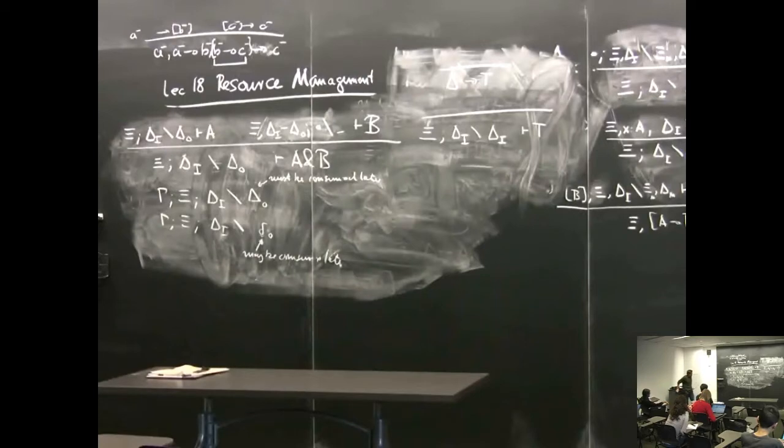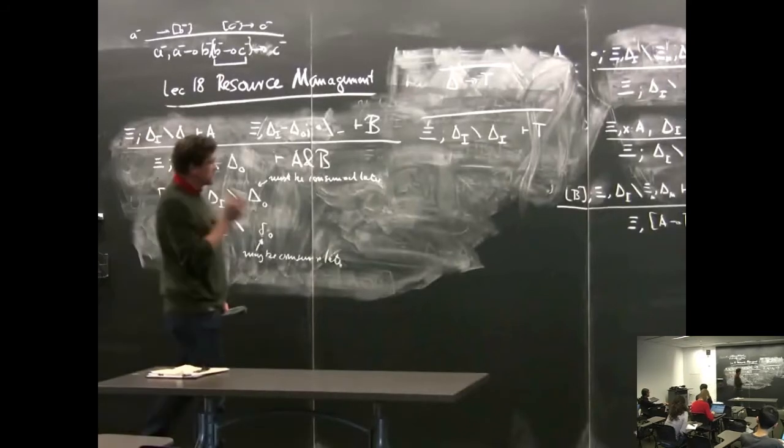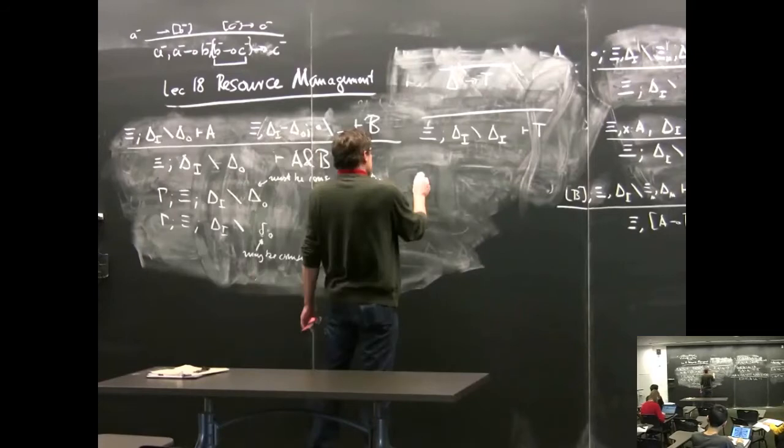Any ideas, suggestions? You're already kind of using the delta I as affine because you produce the delta O with those that you don't use. Okay. So we might be able to hijack the delta I, because it's something that you don't have to use. You can pass on what you don't use. So if we do that, then we have a judgment that says we have affine assumptions.